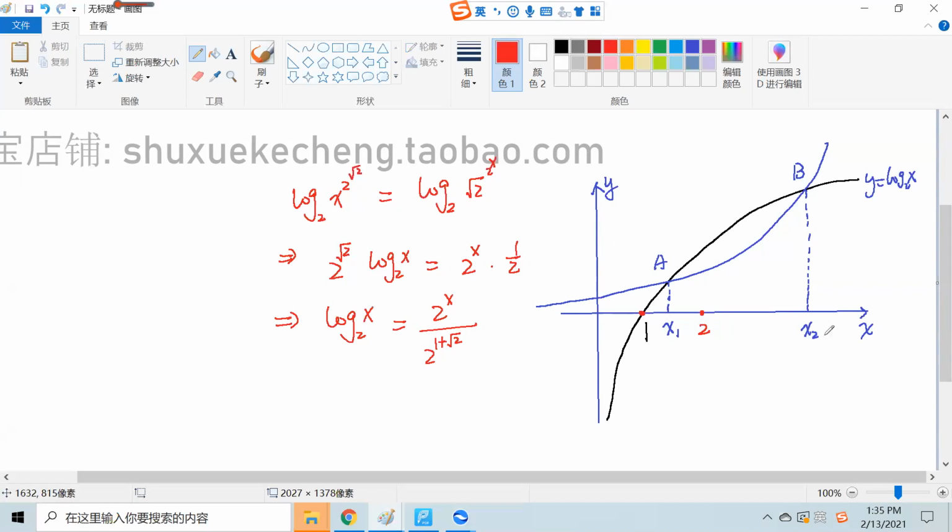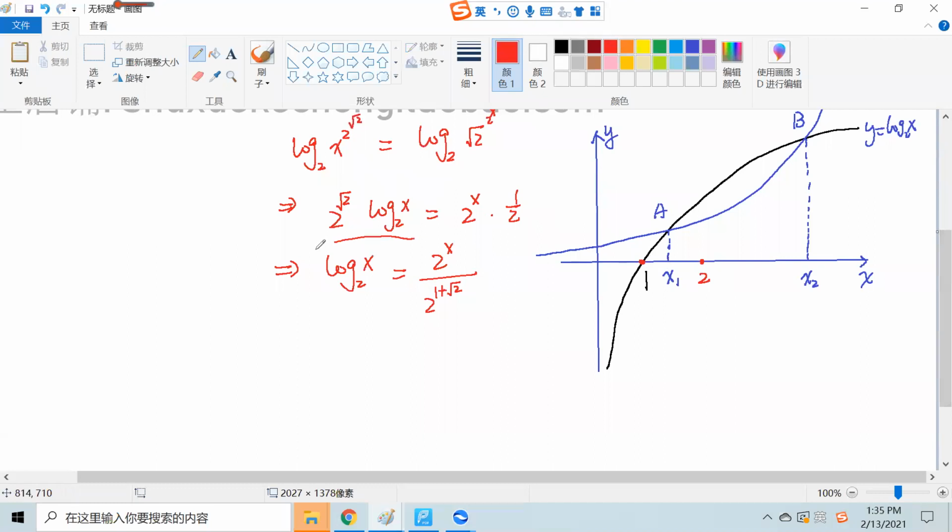Why? Because we just plug in x equals 2 to check. The left-hand side is log 2 of 2, which equals 1, and the right-hand side equals 2 to the second power divided by 2 to the 1 plus root 2, which is 2 to the 1 minus root 2.